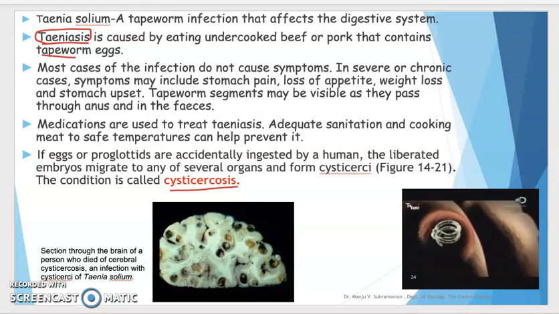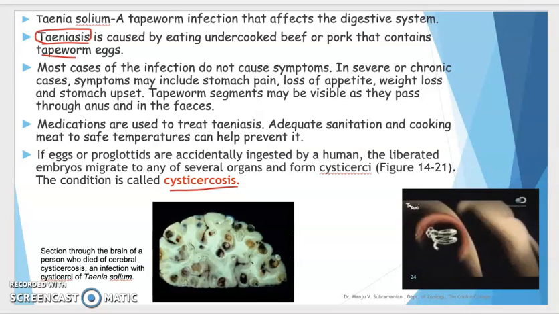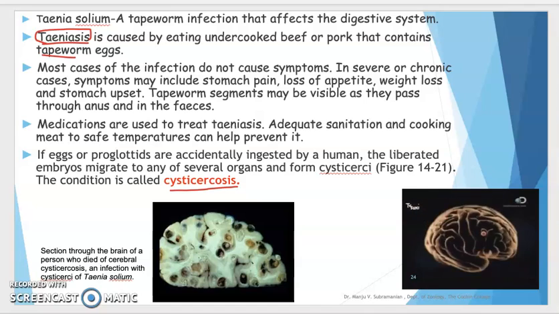Taeniasis is often characterized by manifestations such as intestinal irritation or intestinal blockage.